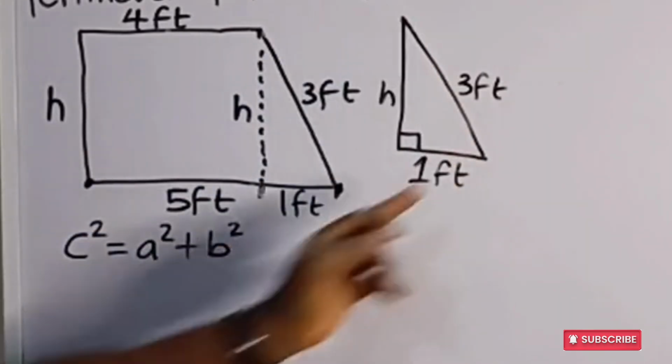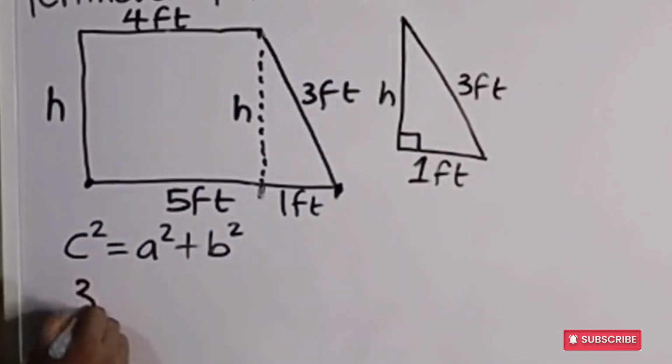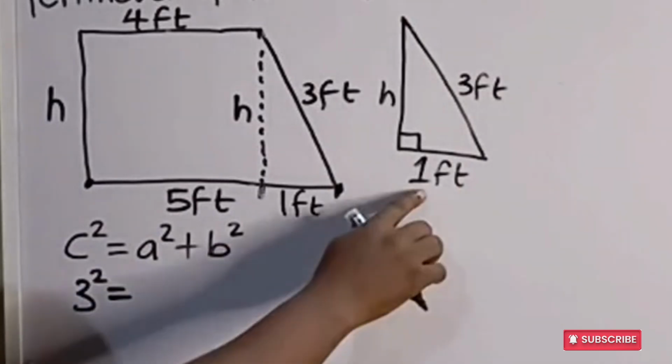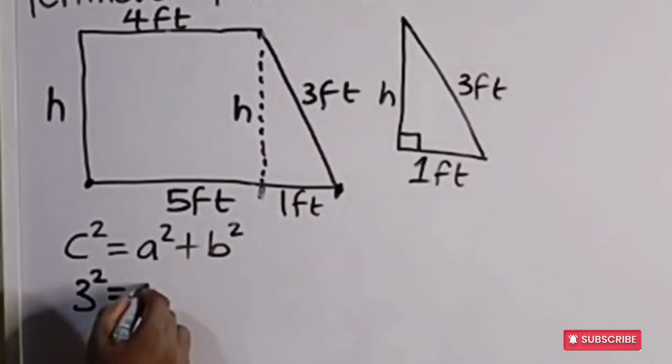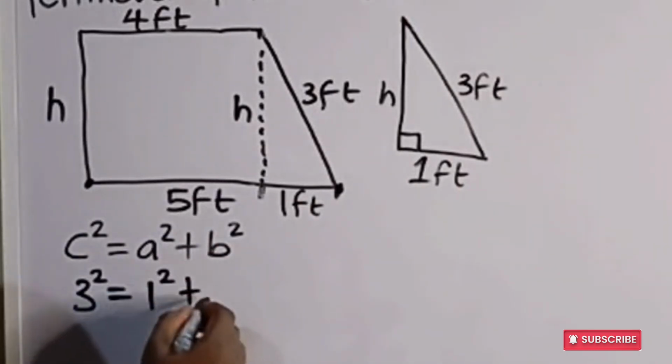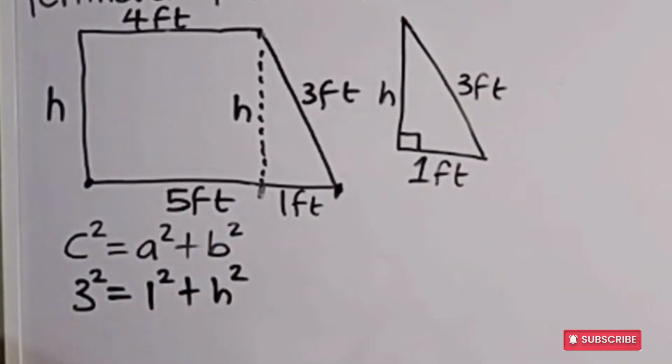That means 3 squared is equal to 1 squared plus h squared. 3 squared is equal to 9. 1 squared is 1 times 1, which is 1. So 9 is equal to 1 plus h squared.